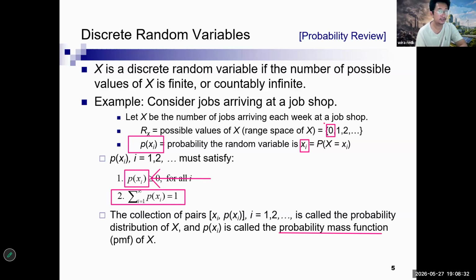Okay, so those are the terminologies being used here. And this one will be known as the cumulative distribution function. Okay, the sum of the probability functions. Okay, probability distribution function. Okay, next.